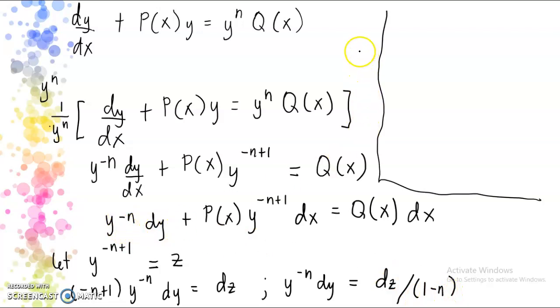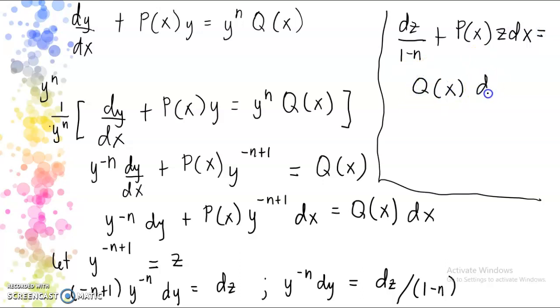Therefore, this one is dz over 1 minus n plus p of x times y raised to negative n plus 1, which is z, dx equal to q of x dx.